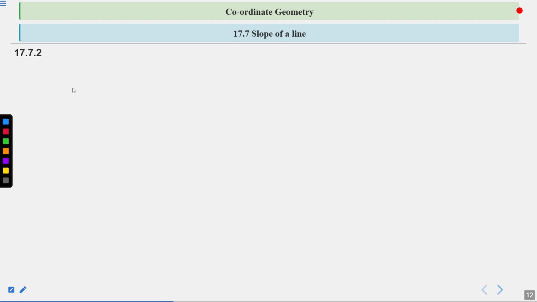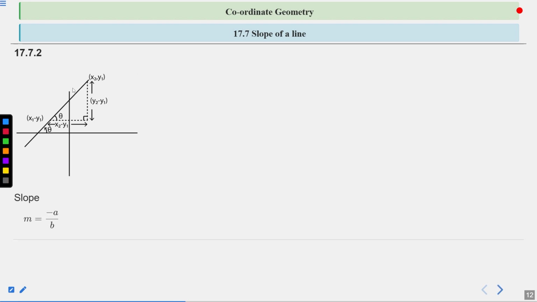Next, the formula of the slope of a line. This is the diagram of a line which cuts the x and y axes at two points. The slope, represented by m, is equal to minus a upon b.